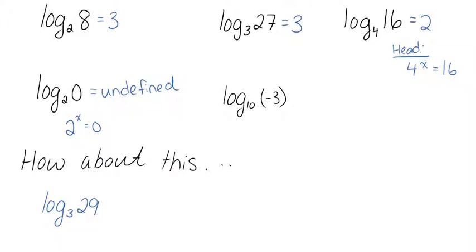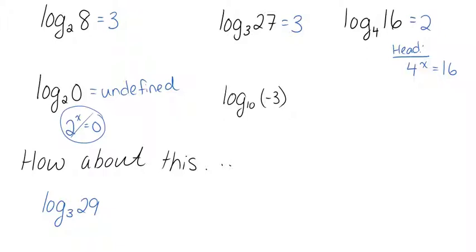Because we know 2 to the power of 1 is 2, 2 to the power of 0 is 1, 2 to the power of a half is, I don't know, square root of 2. 2 to the power of negative 1 is a half. So we're never getting to 0. So there's no value of x that's going to work.